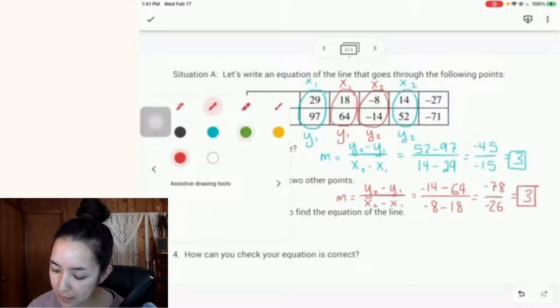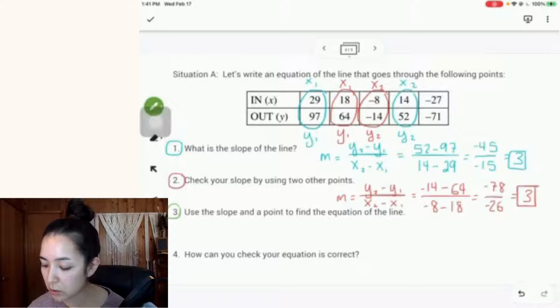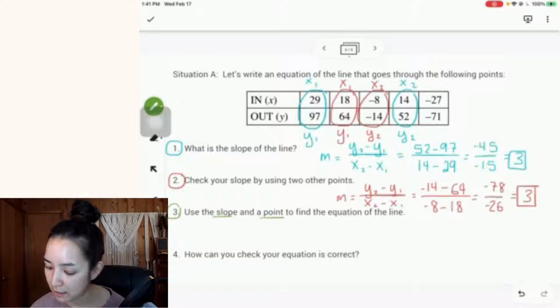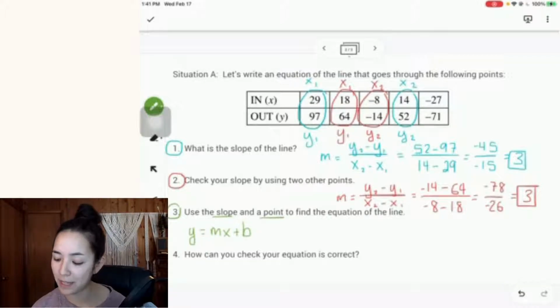The next step says, use the slope and a point to find the equation of a line. So remember, our equation is written like this: y equals mx plus b.